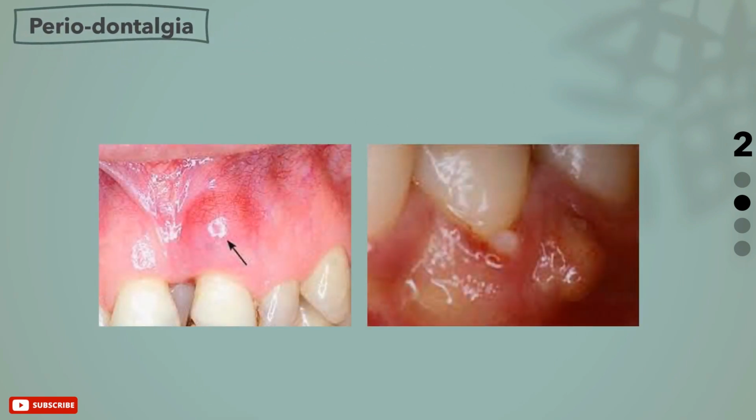In that case, you can see an abscess related to the attached mucosa. It is not as painful and throbbing as the acute alveolar abscess that is endodontic in origin, but frequently it is asymptomatic, and the diagnosis here will depend on the clinical and radiographic examination.